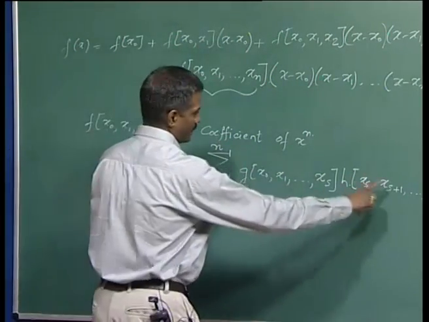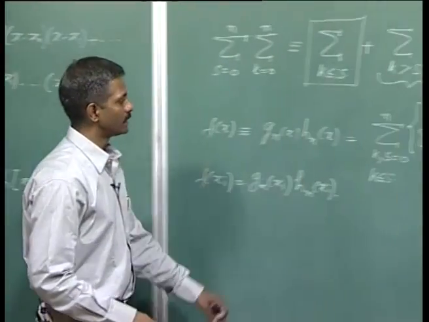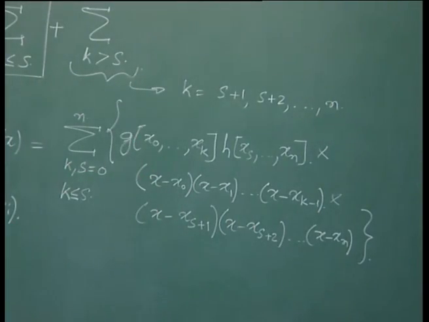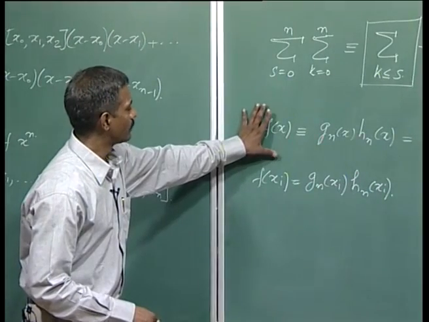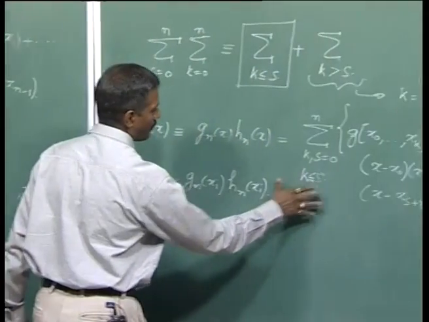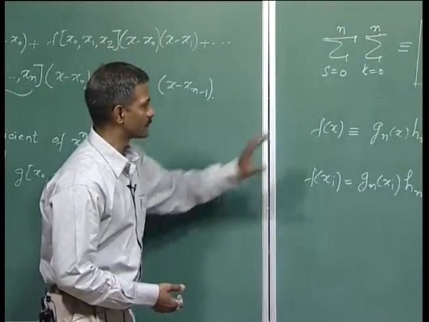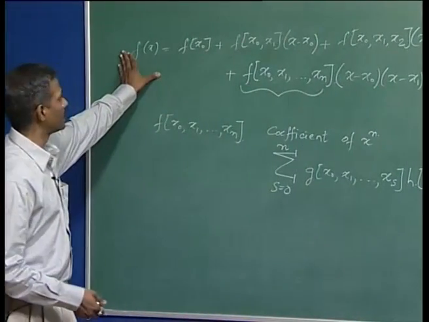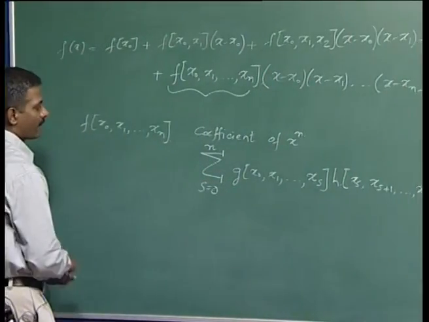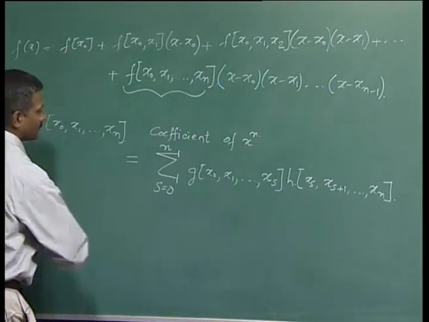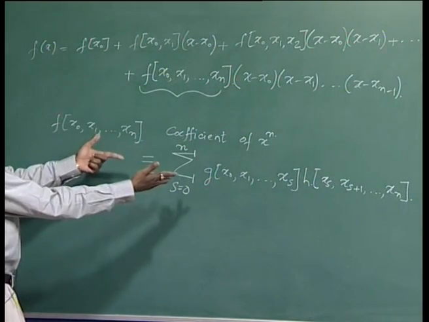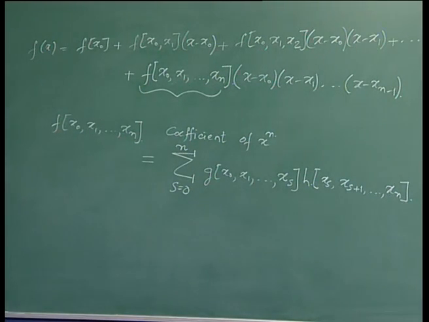And so, this expression would correspond to the coefficient of x raised to n. And for the Newton's polynomials to be identical from this result and from this result, these coefficients have to be identical. And if you notice, this is the Leibniz result for divided differences.